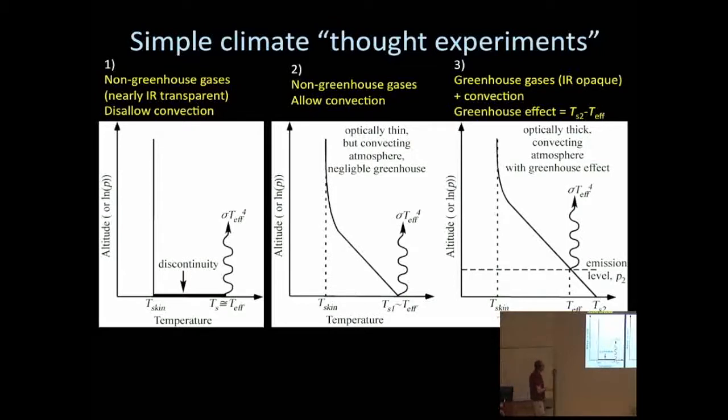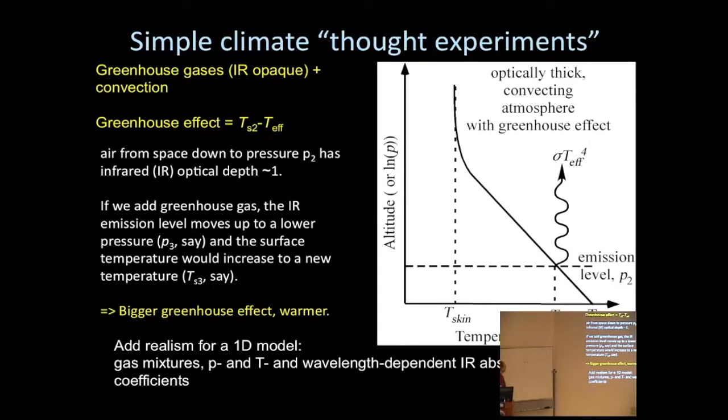So the greenhouse effect is just this difference, or you can think of it as this difference between the surface temperature and the effective temperature. A more physical way to think of it is the difference between the radiative fluxes, although that's more abstract. So in these simple climate thought experiments then, we've actually got something which is a pretty good approximation for how a 1D climate model works.